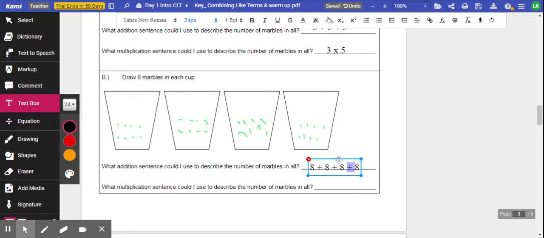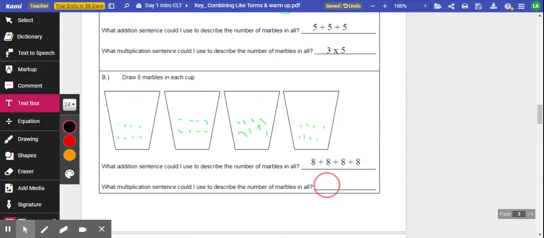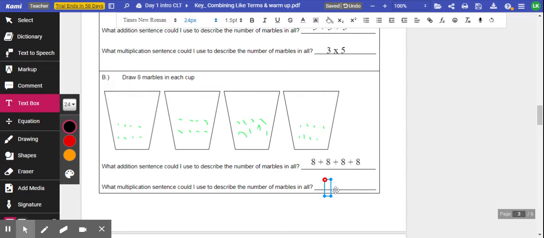Right? So now what multiplication sentence can I use to describe the marbles? How many cups are there? 4. And there's how many in each? 8.